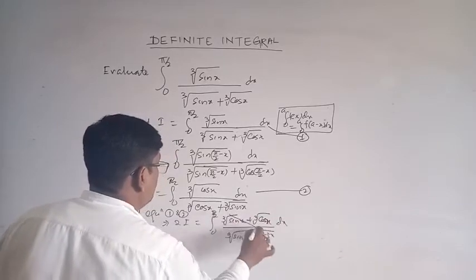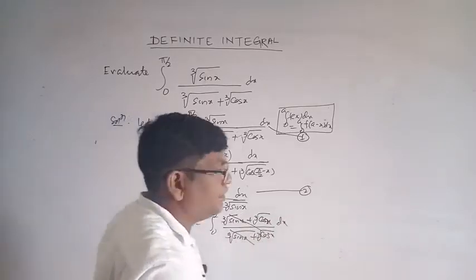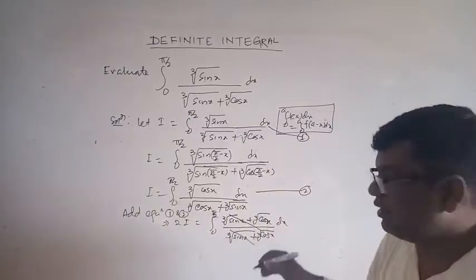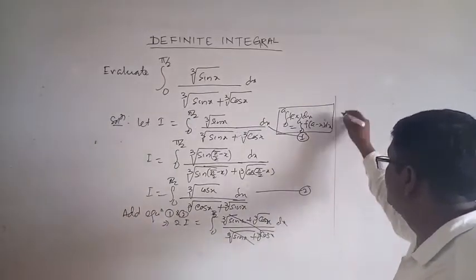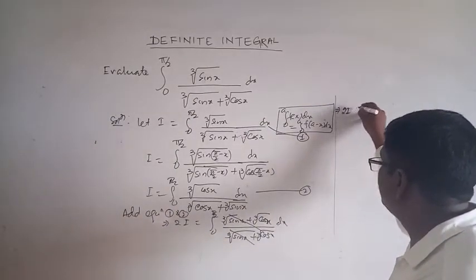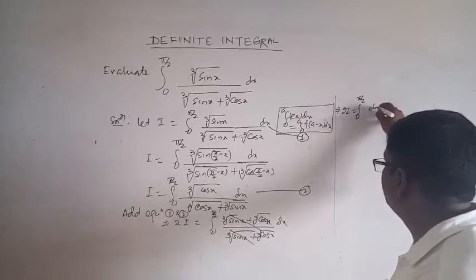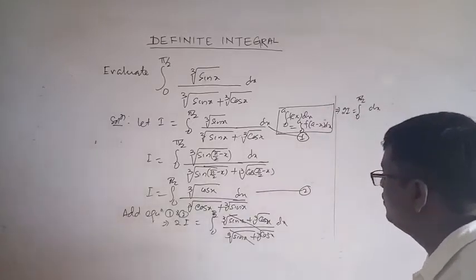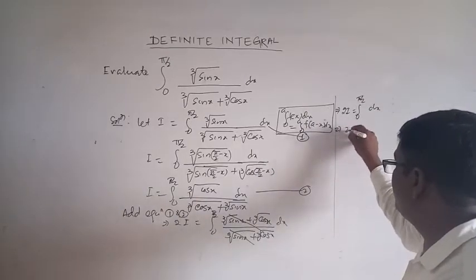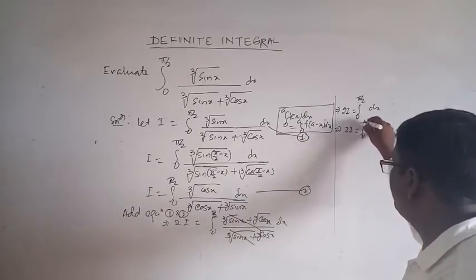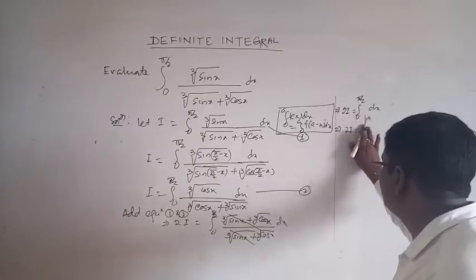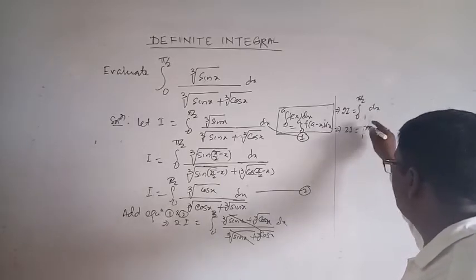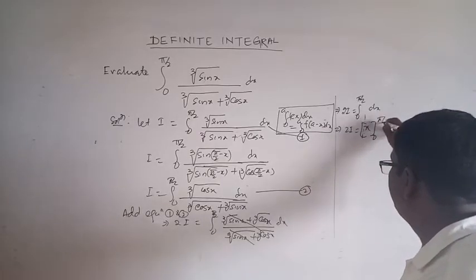So this cancels, and 2I is equal to the integral from 0 to pi by 2 of dx, which is x with limits 0 to pi by 2.